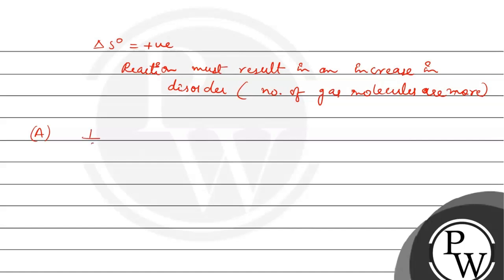So the first reaction is half mole of carbon, that is from the graphite, reacts with half mole of oxygen which is in gaseous form, to form 1 mole of carbon dioxide gaseous. So here on the reactant side, how many moles of gas are there? Only half mole. Carbon graphite is not gas.